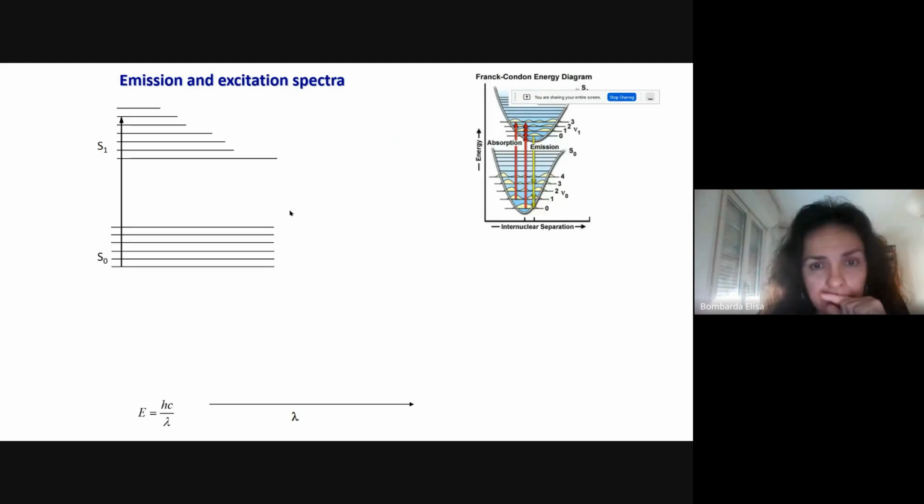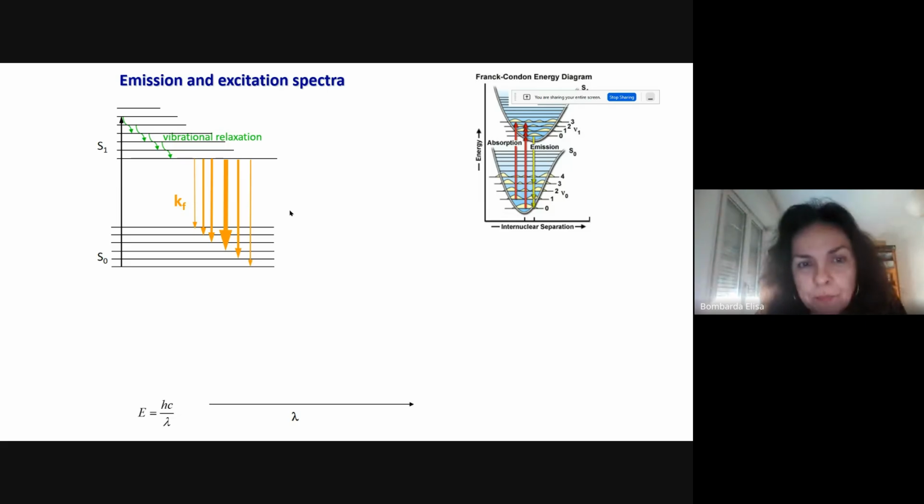Okay, so then we build now our emission spectra. We were talking about absorption, but for emission it is just the other way around, and the principles are the same. So we have to follow this transition, this yellow line, and we have different probabilities.